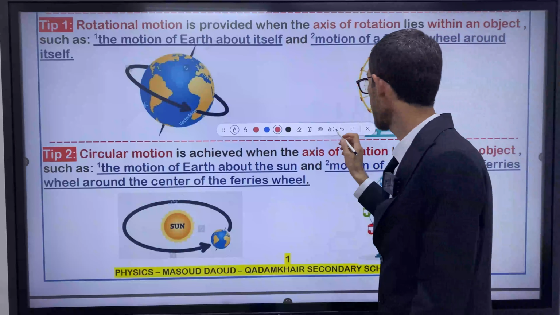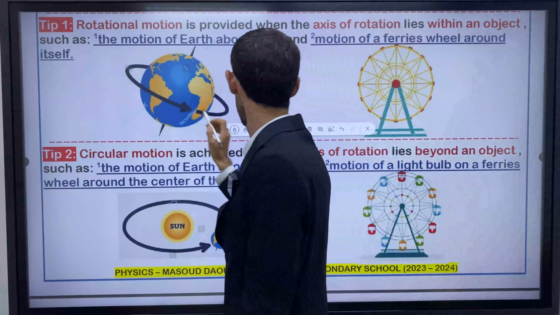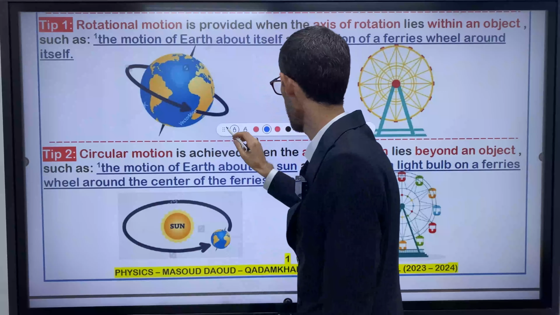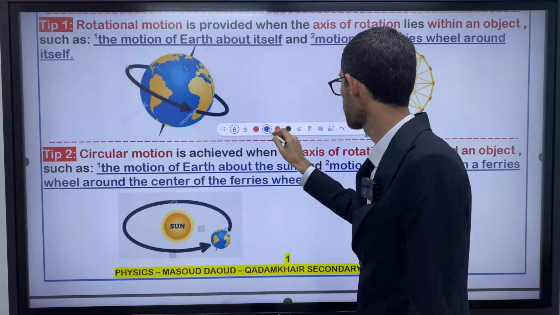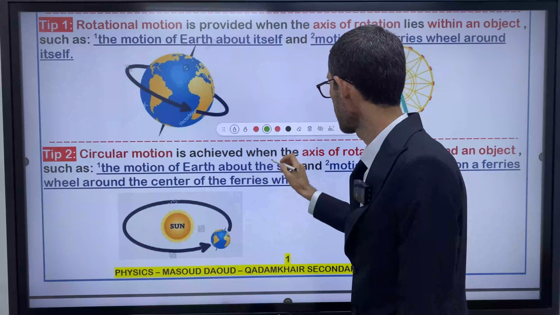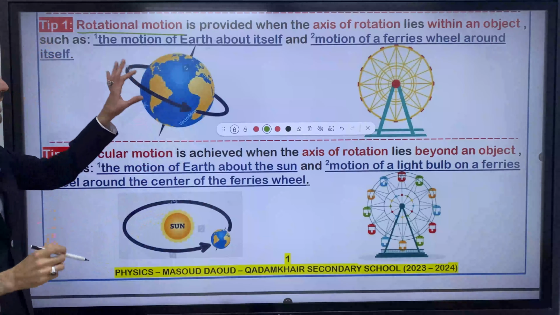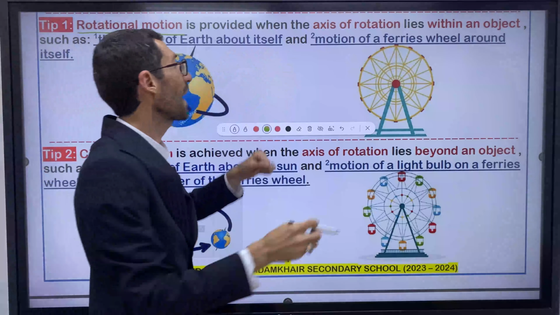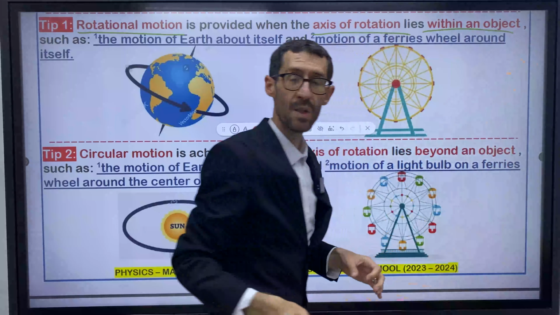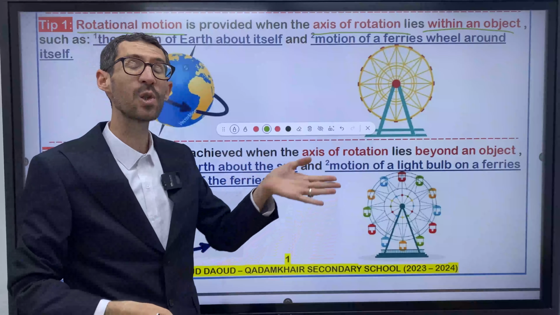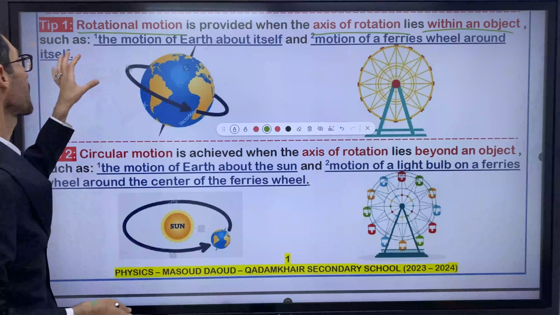Let me underline it for you. Rotational motion is provided when the axis of rotation lies within the object. So the axis of rotation is located inside the object, and this motion is called rotational motion.